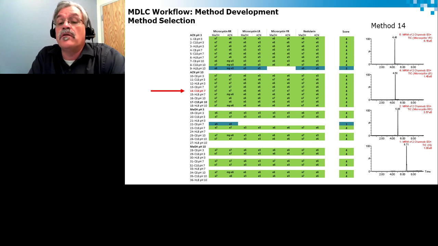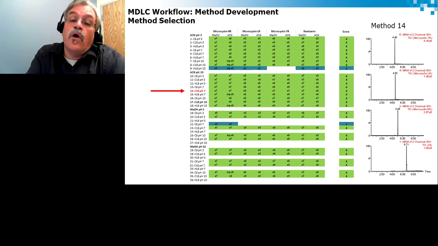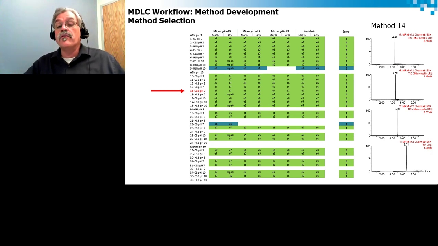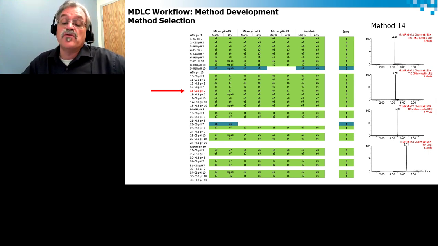In this case, when we look at the microsystem R, LR, YR, and the internal standard, we can see that we've taken out all the boxes that are yellow or red and concentrate on the one that gives the best method, or the best score. Here we've chosen method 14 because it gives the highest score.